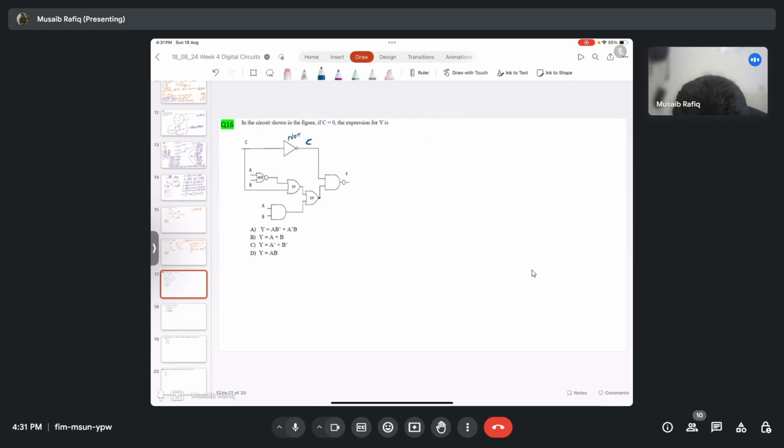So this here is C bar. This right here is (A plus B) whole bar. This right here is (A plus B) whole bar dot C. And this right here is AB. So my y will be equal to x1 dot C whole bar, and x1 is equal to (A plus B) whole bar dot C plus AB.